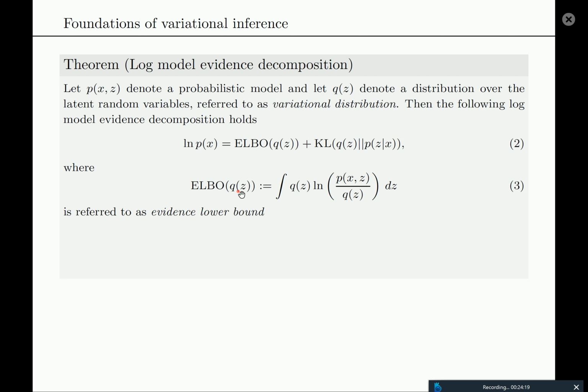So the evidence lower bound is this integral, which returns a number, but what you put into it is a probability density function. If the posterior distribution is represented by a PDF, then Q(Z) is also a PDF. Why this definition looks like that is determined not so much by itself, but by the KL divergence.